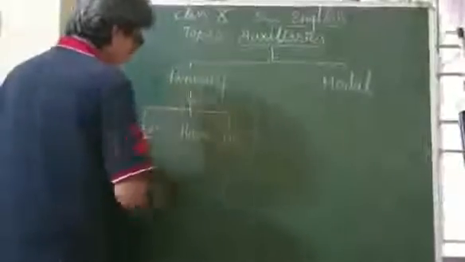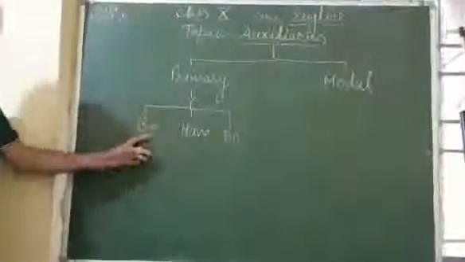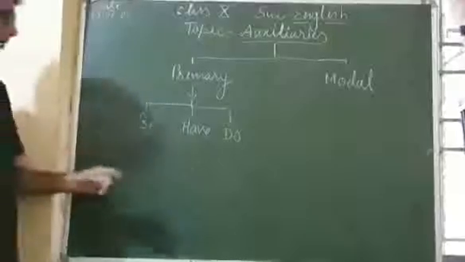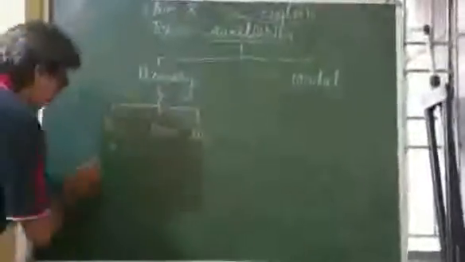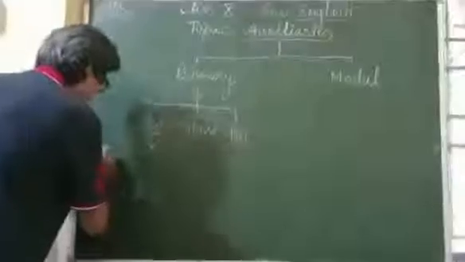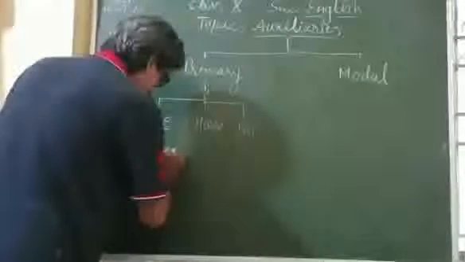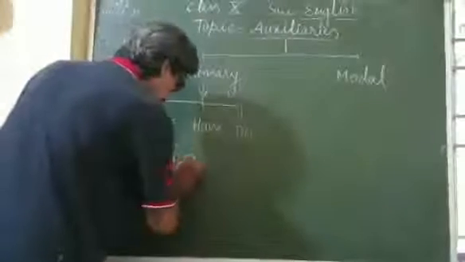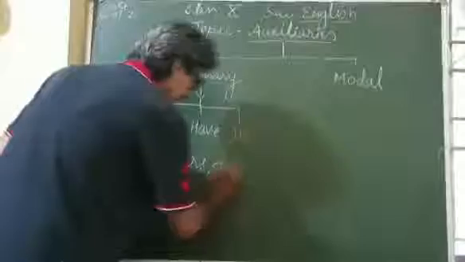Okay, so first we will talk about the primary auxiliary be. It is further divided into three states. One is for present, that is is, are, am.